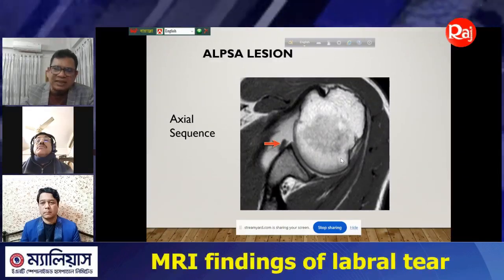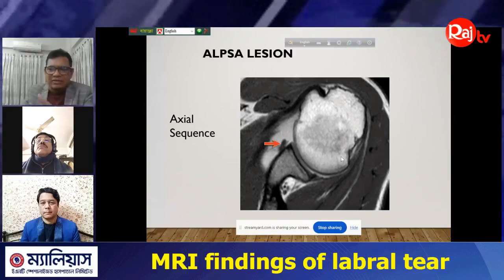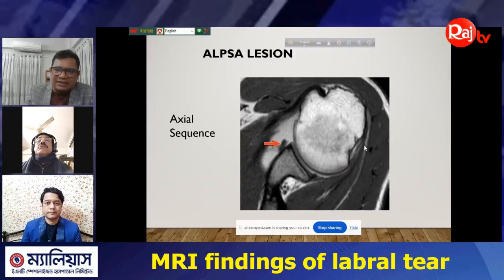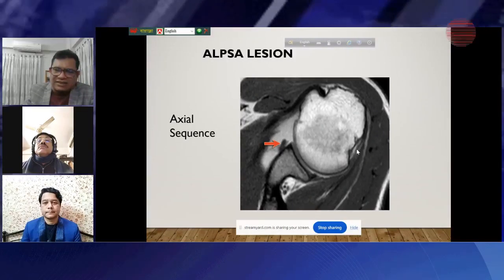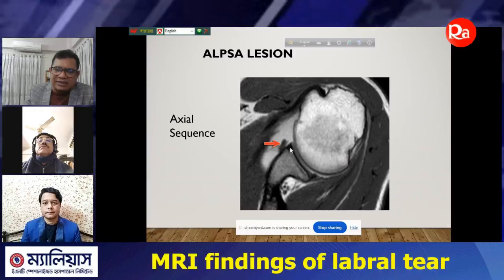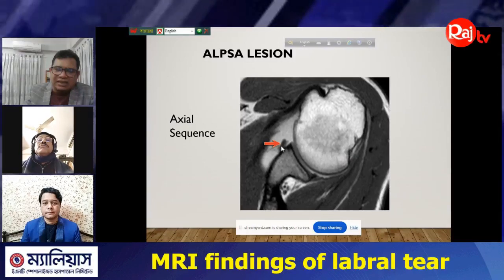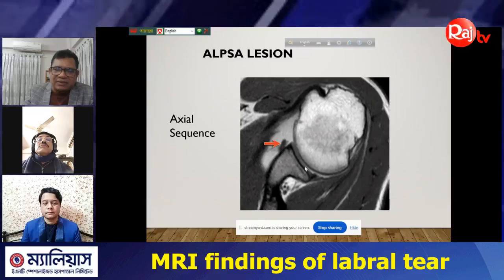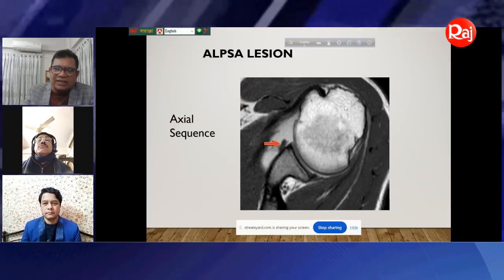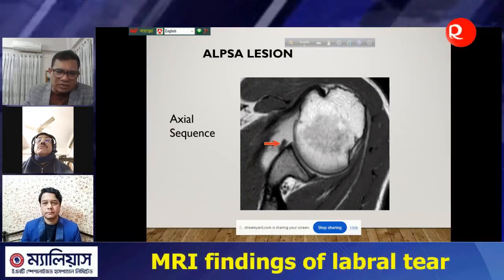So we can see the Hill-Sachs lesion. Also, I will discuss it in the next slide. That is Hill-Sachs lesion, and there is Bankard lesion and ALPSA lesion. So it is a finding of chronic anterior instability of the shoulder.